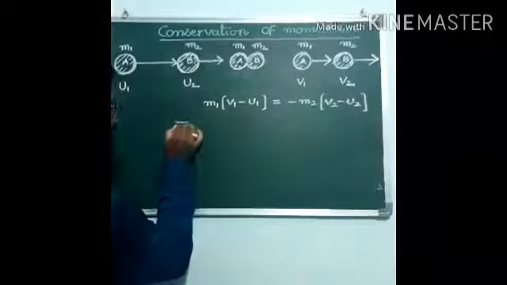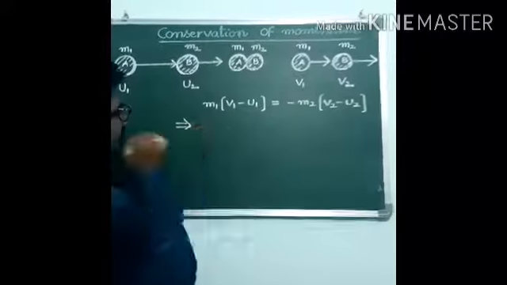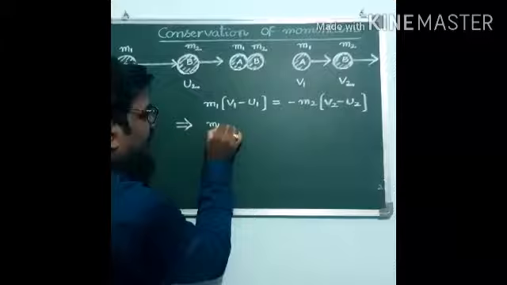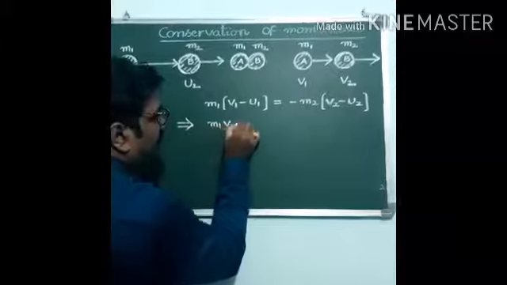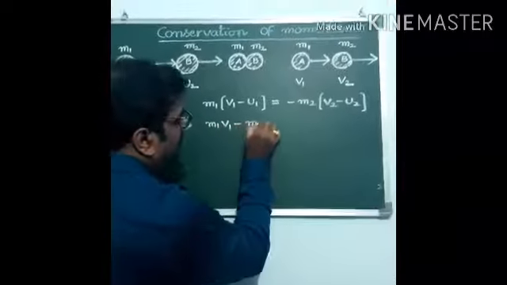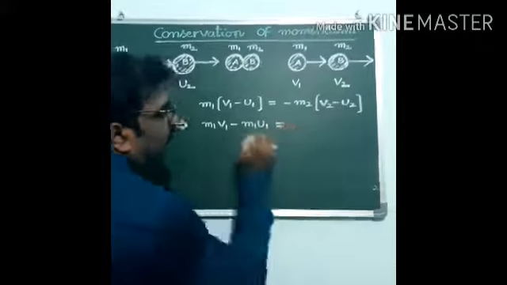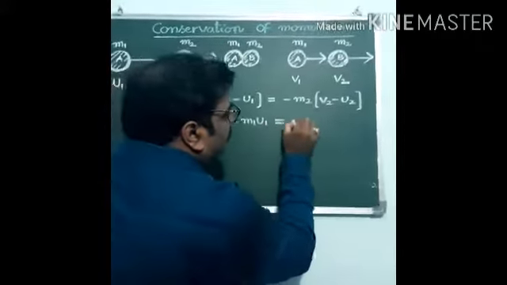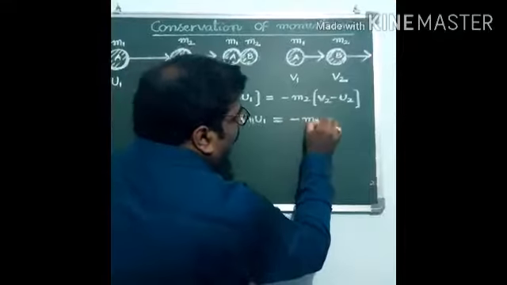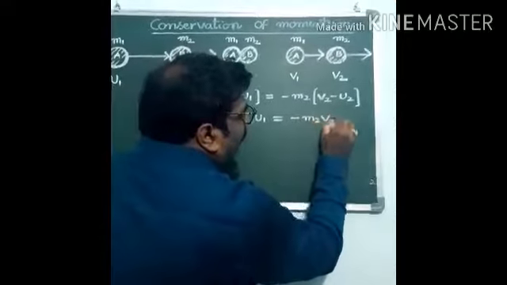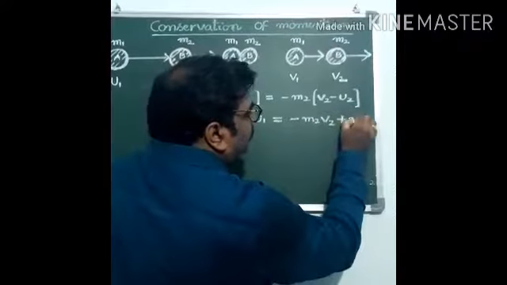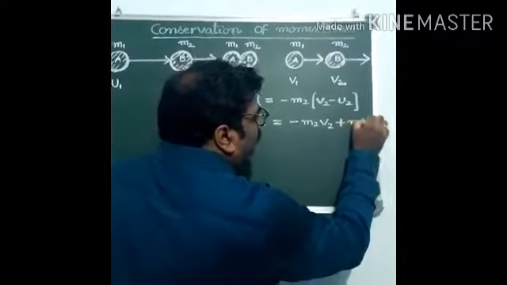That implies m1 v1 minus m1 u1 equal to minus of m2 v2 plus m2 u2.